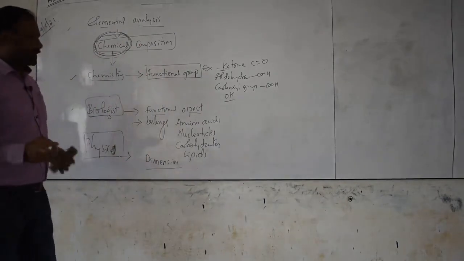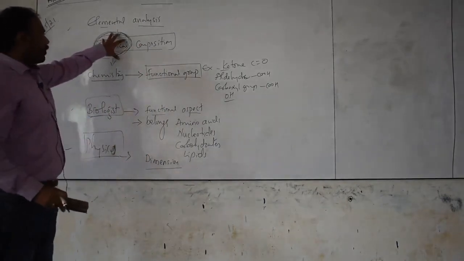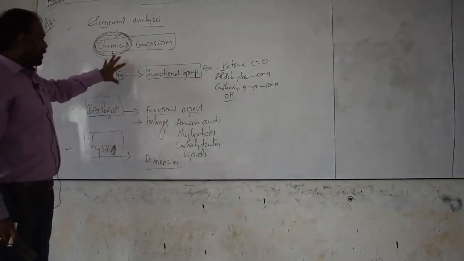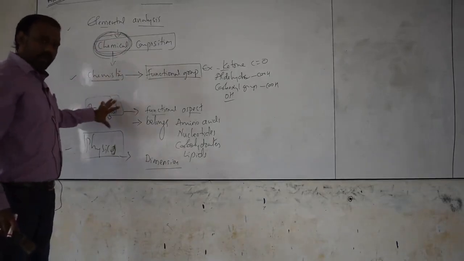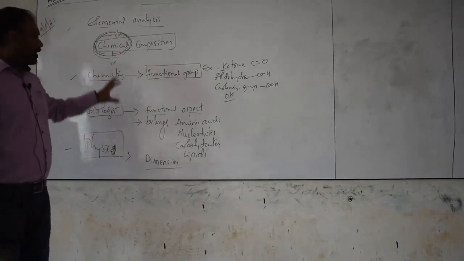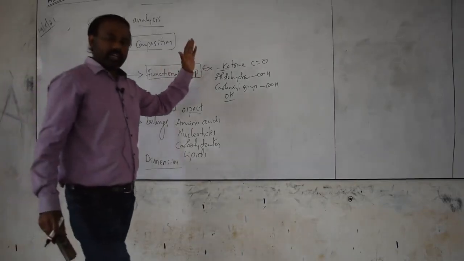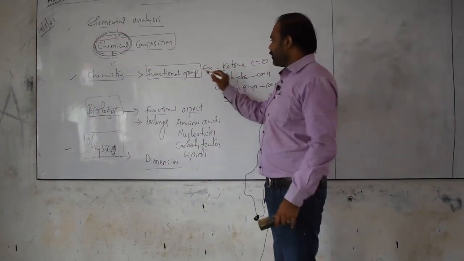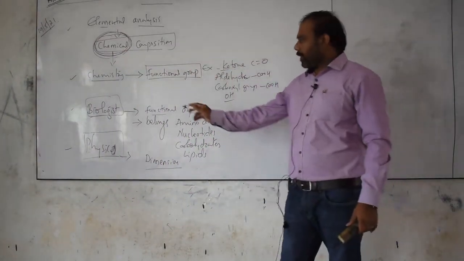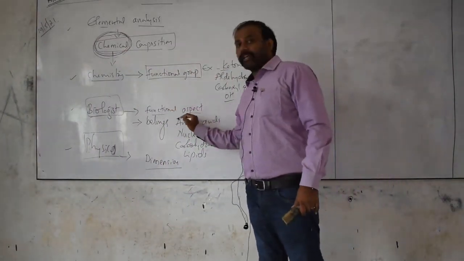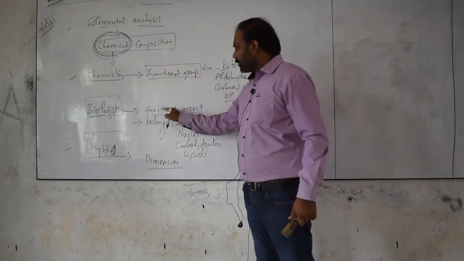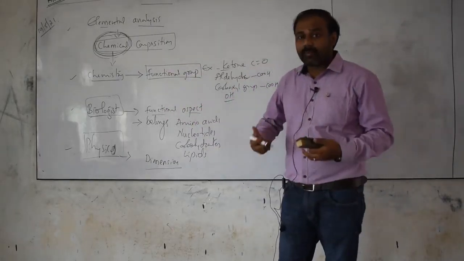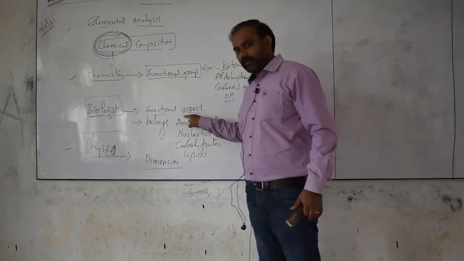You must remember this. Whatever chemicals you provide to chemistry, biology and physics: according to the chemistry point of view, they are always concerned with the functional group. Biology, functional aspect. Functional group is different from the functional aspect. What it does in the body is considered the functional aspect.